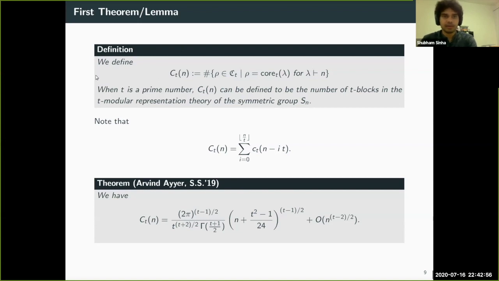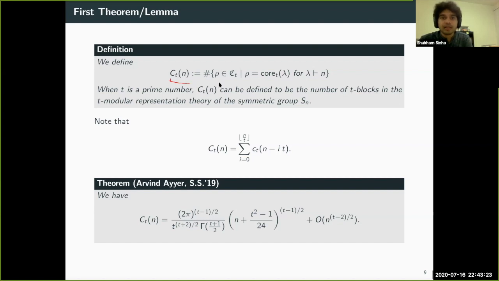So let me describe the first lemma or theorem of our paper. Instead of talking about the number of t-core partitions, we take a slightly different object which can be easily described as n grows large enough, where the asymptotics are well behaved. So what do I mean? First of all, let's define c_t(n).